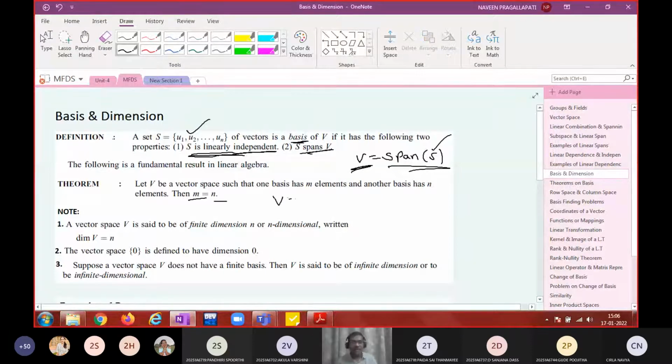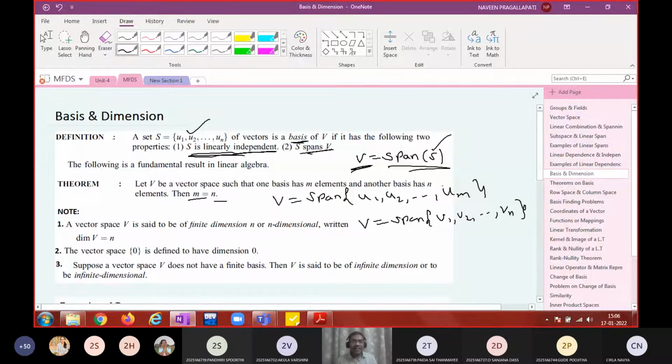That means a vector space can be spanned by U1, U2, and so on, Um. The same vector space can be spanned by V1, V2, and so on, Vn.